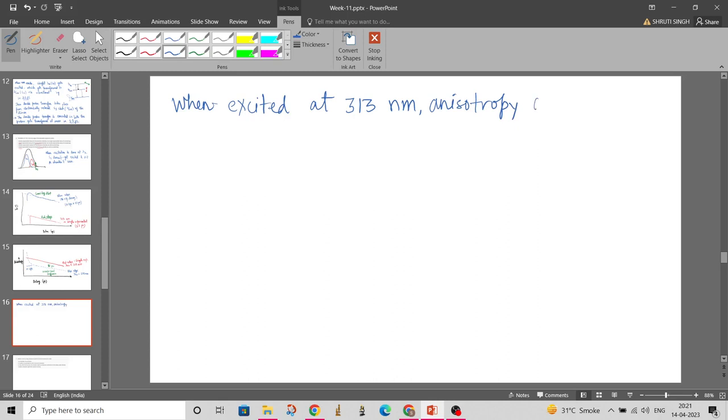Anisotropy is almost single exponential.